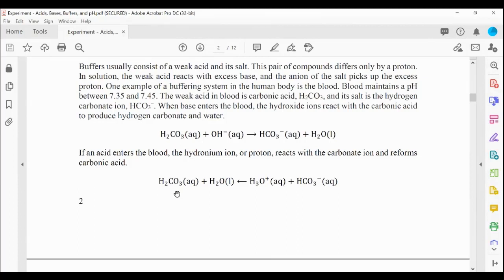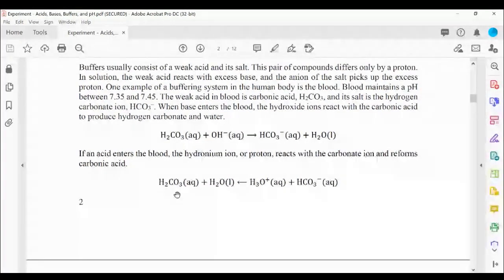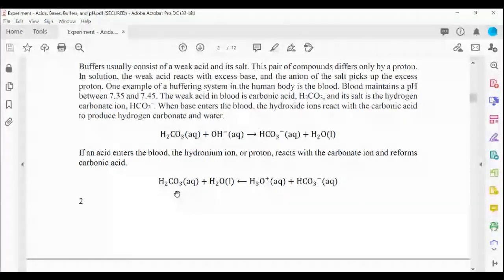We can make a buffer just dissolving acetic acid and sodium acetate. So buffers are usually a weak acid and its salt. What is important is that this pair of compounds are different only by a proton.